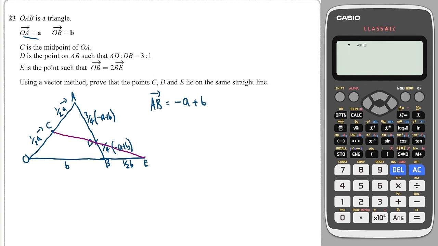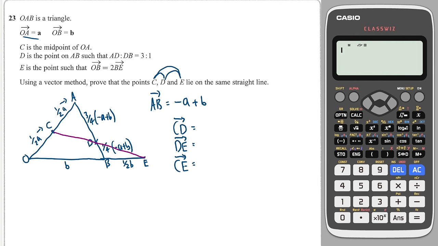Actually, that's not quite correct what I said there. I have to show that the vector of C to D is moving in the same direction as the vector of D to E. Or you could also say the vector of C to E. So you need to work out two of these and show that they are parallel. It doesn't matter which, any two is absolutely fine.